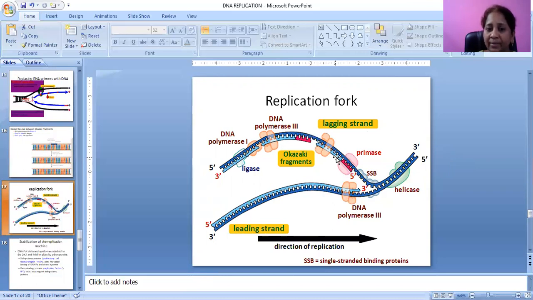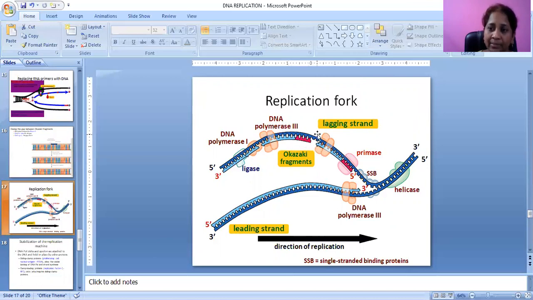Here DNA polymerase will be attaching to the primers. Then in the lagging strand, because it goes in the 5 prime to 3 prime direction only, DNA polymerase 3 binds the RNA primers, so some gaps will be there.